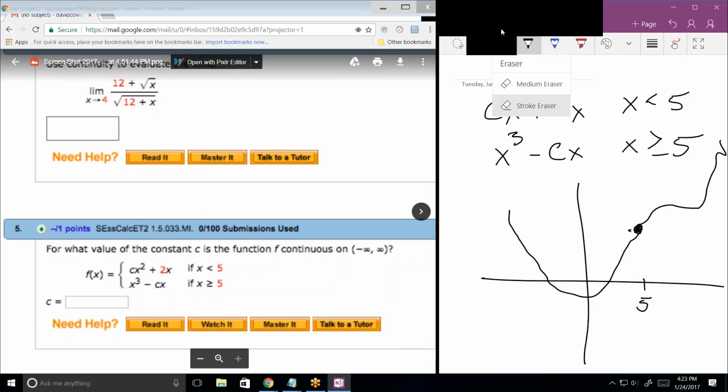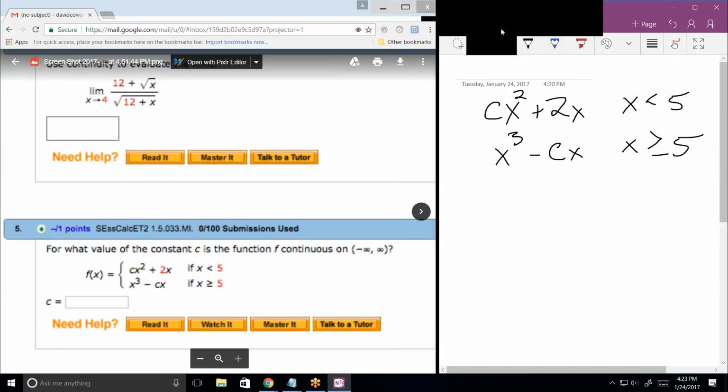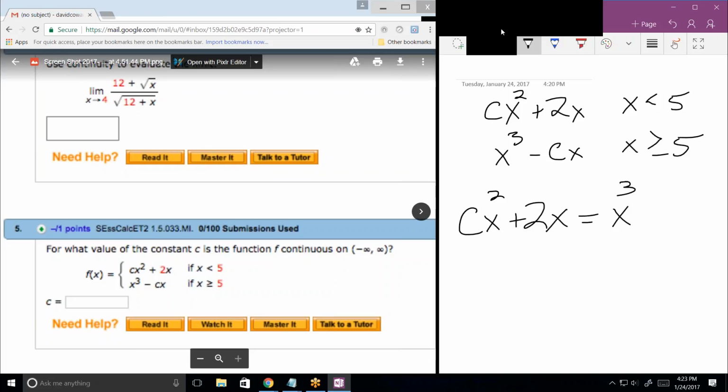Well, let's set them equal to one another and do the algebra. So we have cx squared plus 2x has to be equal to x cubed minus cx when x is 5. Let's plug that in.